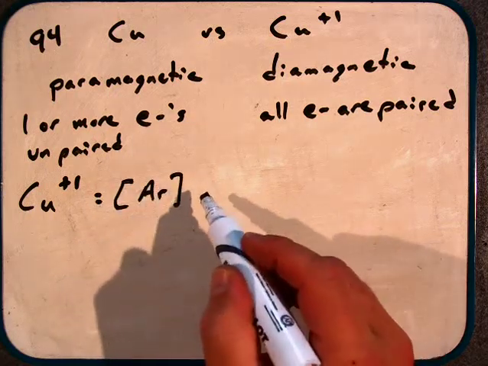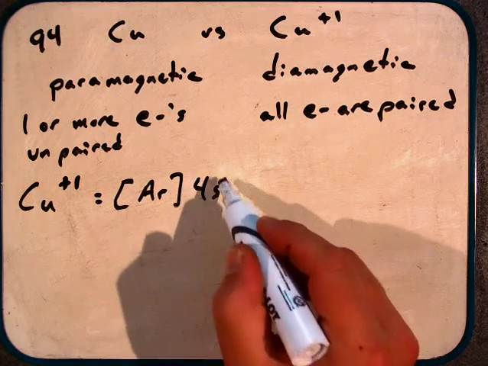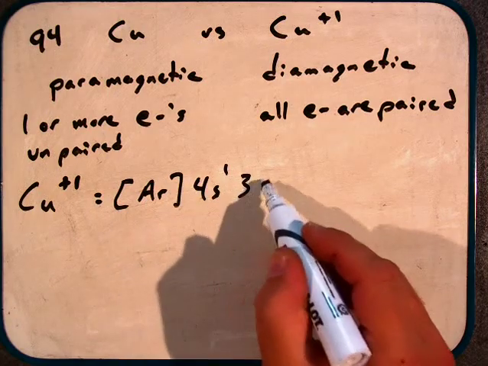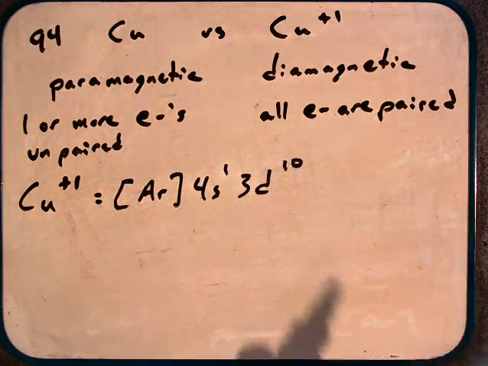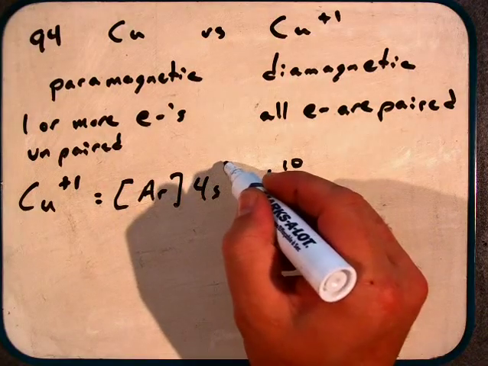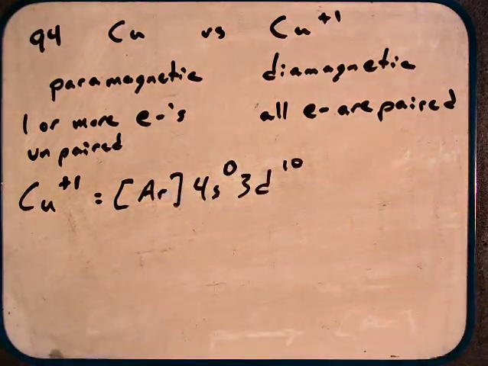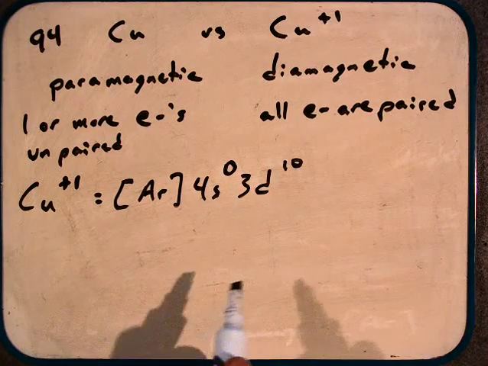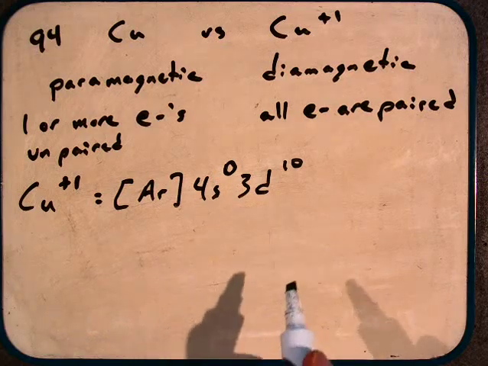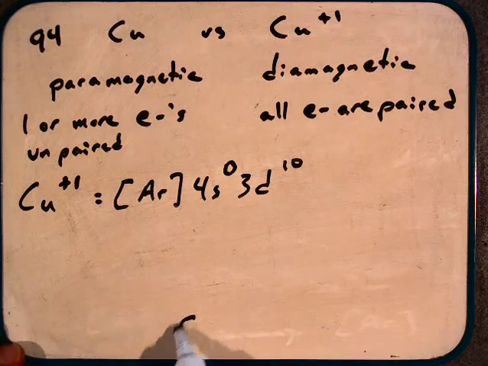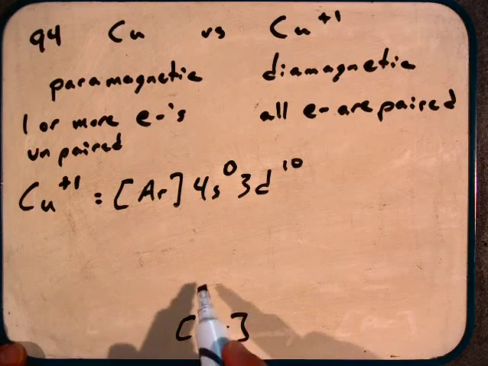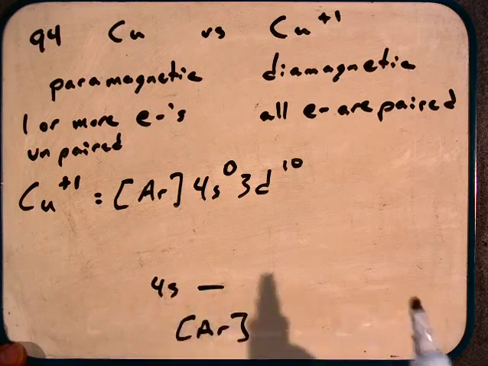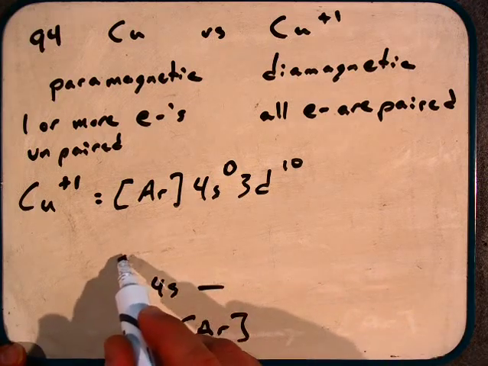argon electronic configuration, and it would have 4s1 3d10. And so we're removing an electron, so it's really going to be 4s0 3d10. Again, it really wants to keep that triplet state with the d shell. And so we would have all those core electrons of argon. We would have the 4s, which would actually be empty now.